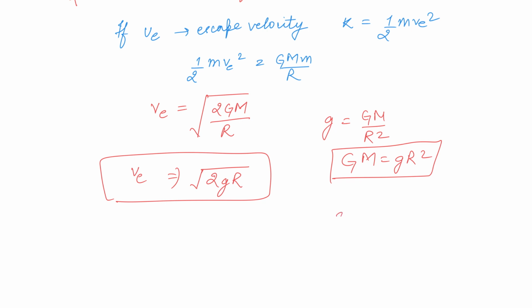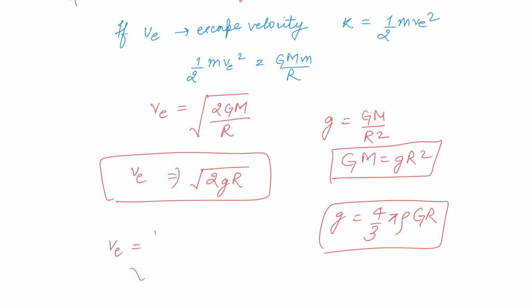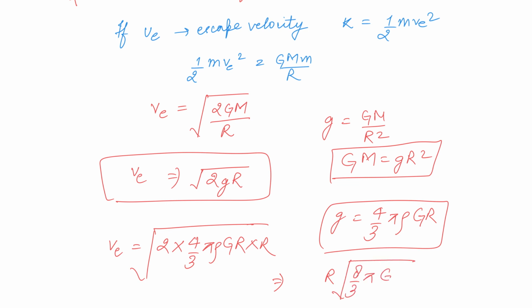Now if we write small g as 4 by 3 pi rho G capital R, then we will get the escape velocity as under root 2 into 4 by 3 pi rho capital G R into R. So this will be R under root 8 by 3 pi G rho. So this will be the escape velocity in terms of the density of the earth.